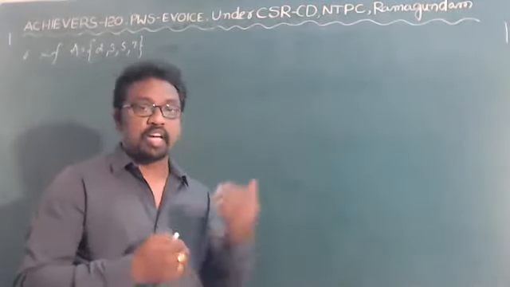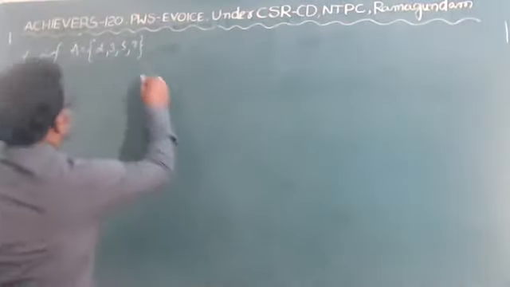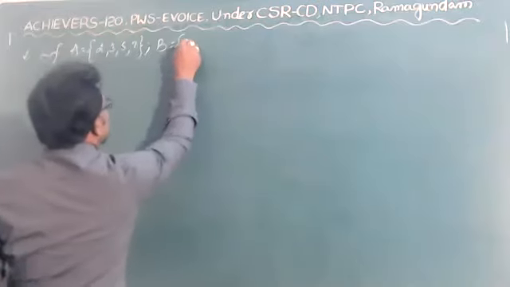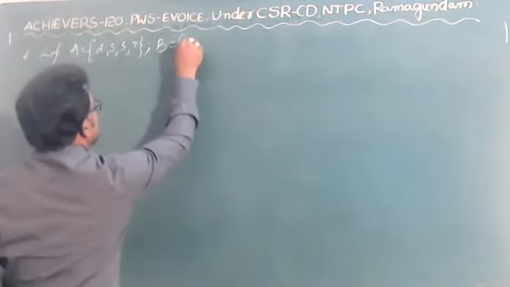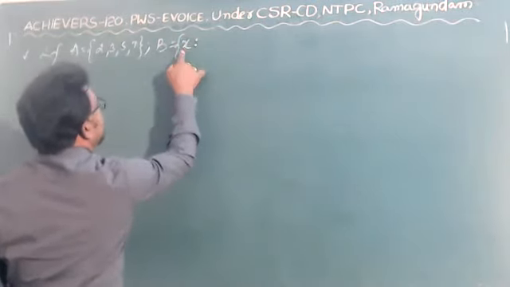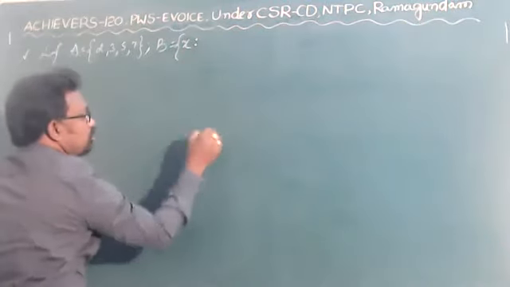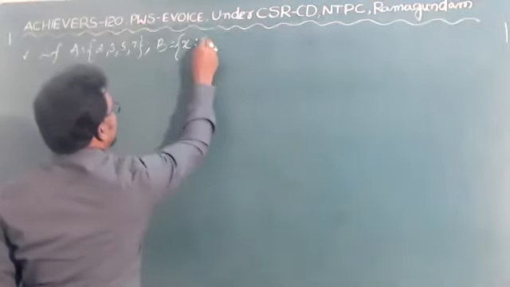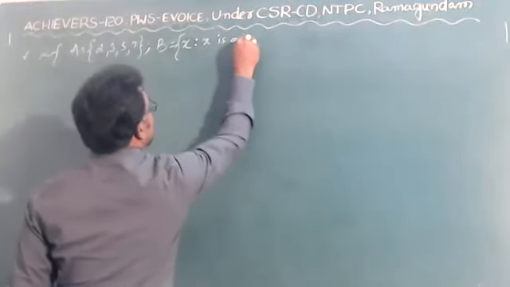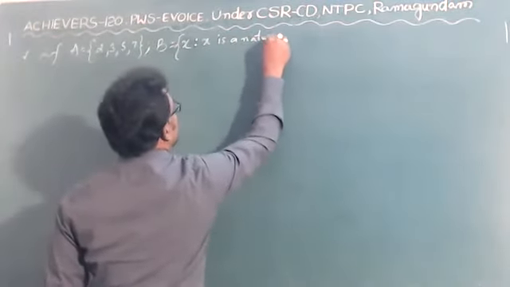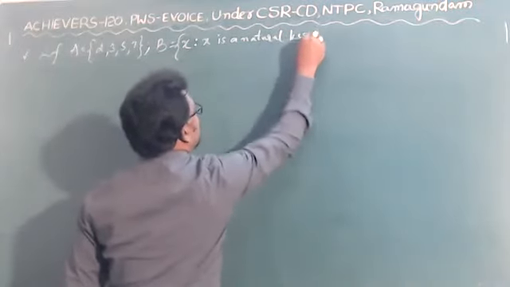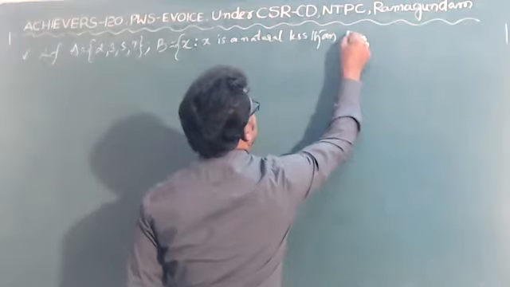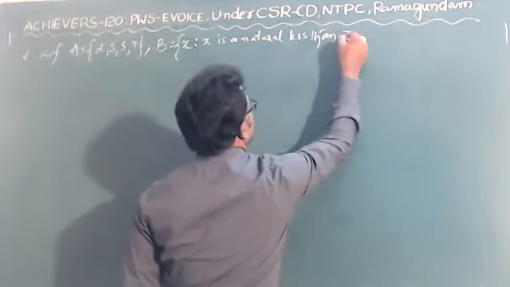Now I will write the set builder form. Let us see here. B is equal to {x : x is a natural number less than 7}.